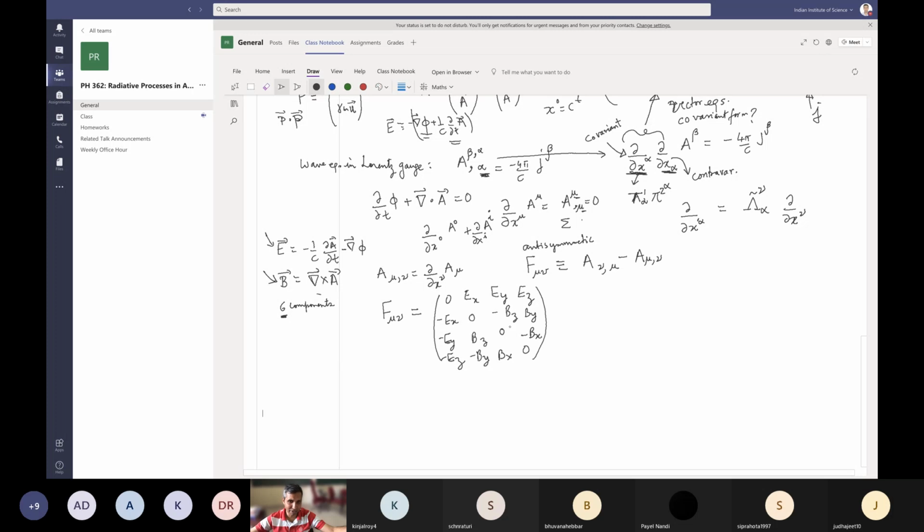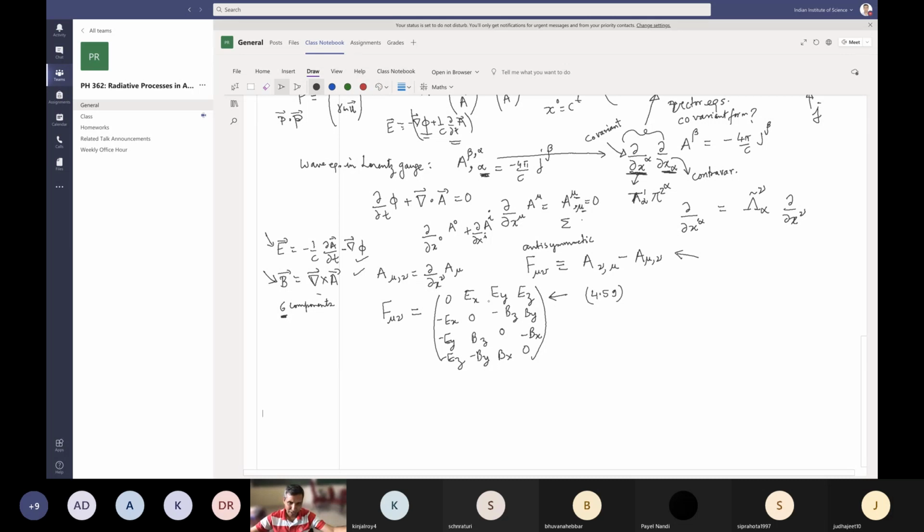Okay, so you can actually verify by plugging this in and using this definition that your E and B satisfy these equations. This is the famous antisymmetric F tensor, and I think this is equation 4.59 in the book, and I think there is a typo in the sense that I find that these are all negative.